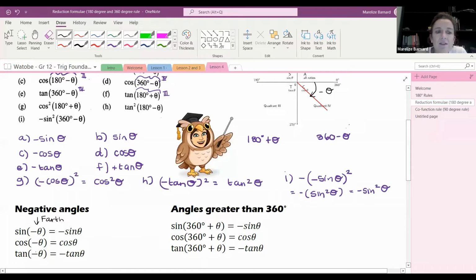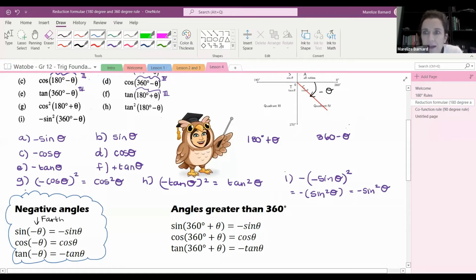And tan of a negative angle, which is the fourth quadrant, will be negative. Okay, so note these down on your page because we are going to use it, and make sure that you understand that part about the negative angle just actually being in the fourth quadrant.